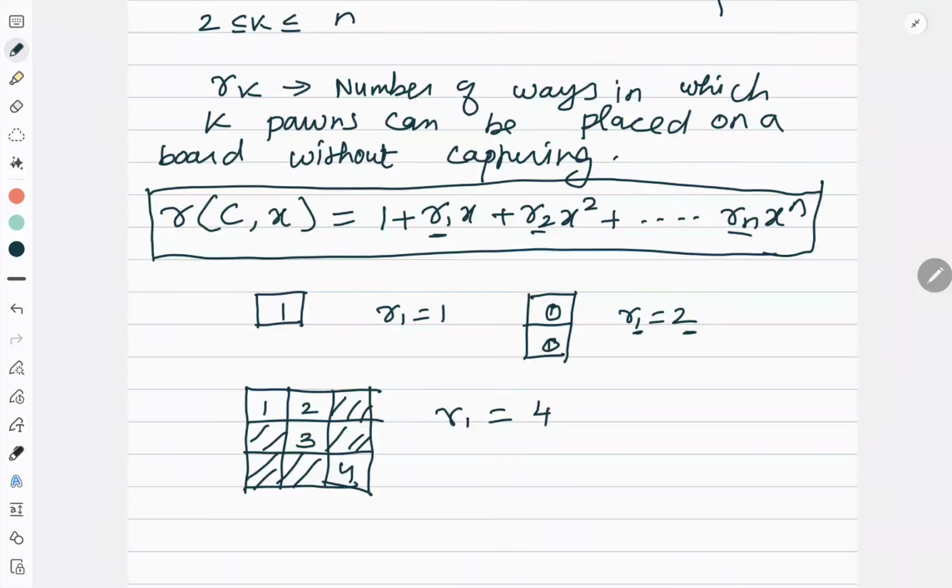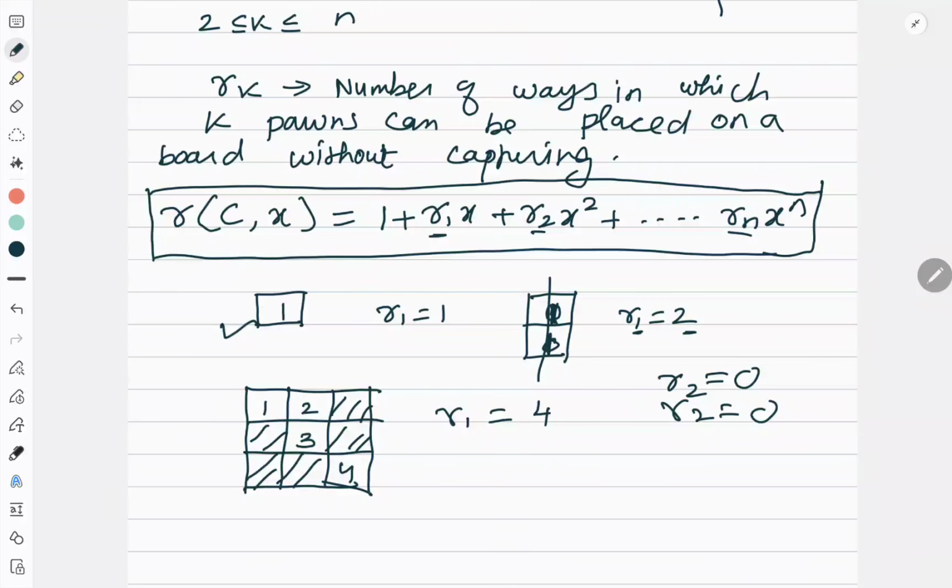So R1 is 4. That is the reason sometimes they replace this R1 by n also, because it is the number of positions available. Okay. Now if I talk about R2, obviously for this board R2 is 0. For this board also R2 is 0. Because if I place here and here, they will capture each other, which is not allowed.